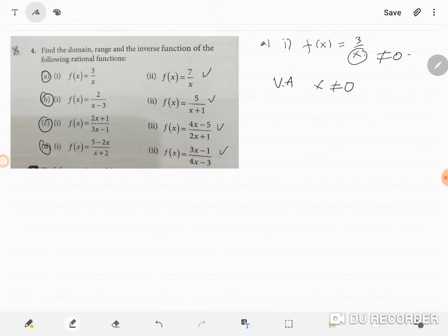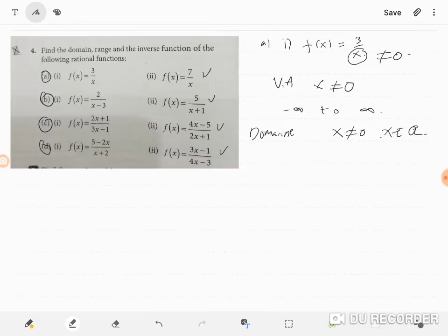It simply means that the domain is from negative infinity to infinity, except x equals 0. So you can say x is an element of the real numbers, x not equal to 0, except 0. That's how you find the domain.